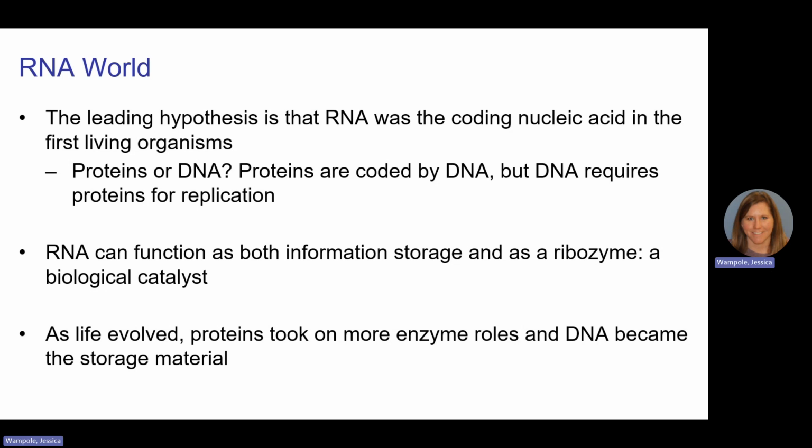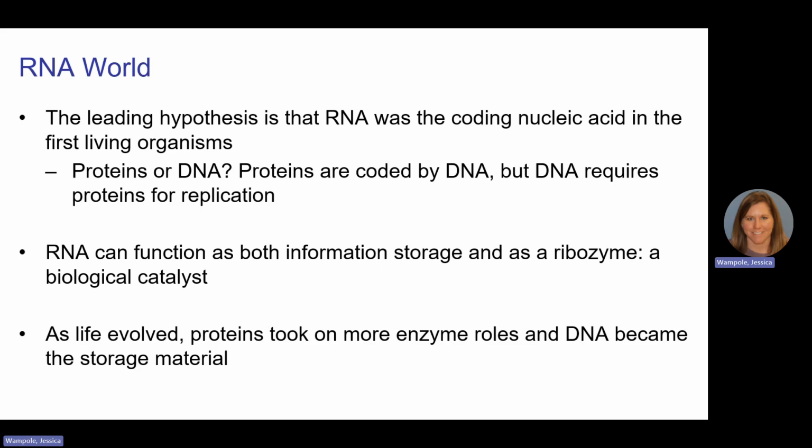The reason that DNA is probably the storage molecule now is that DNA is far more stable than RNA. We talked about the DNA double helix, the backbone, the sugar-phosphate covalent bonds in the backbone, and the complementary base pairing make DNA really stable.